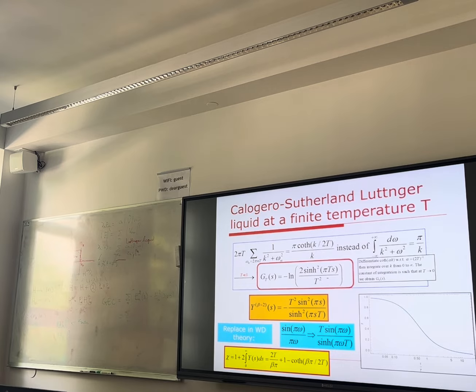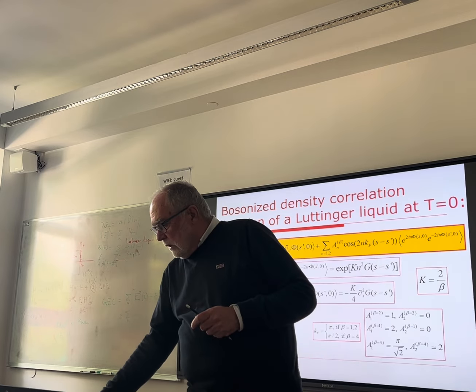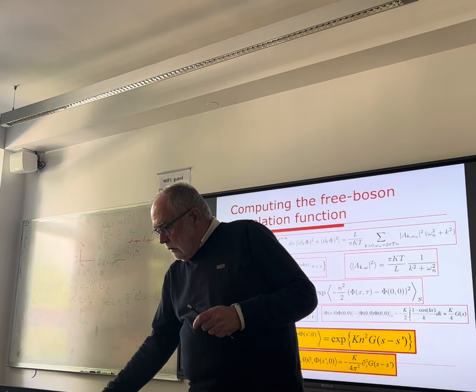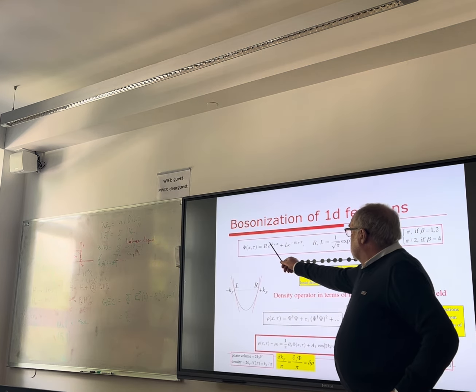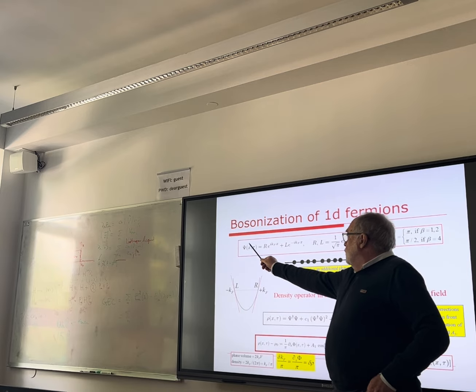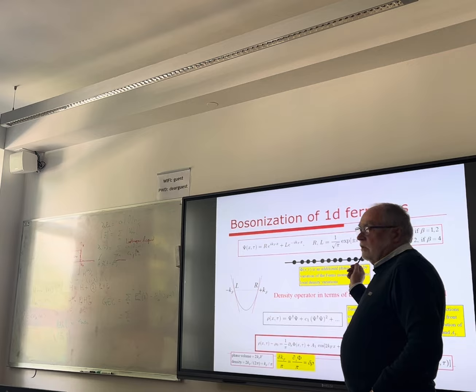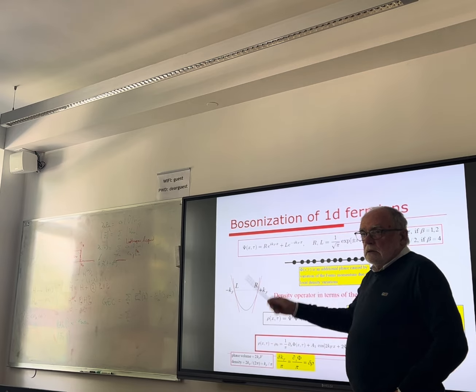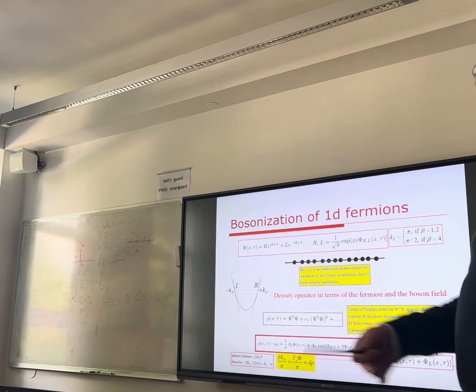So you take the fermionic system, and then you show essentially that this is how the fermionic operator is expressed in terms of the bosonic operator. This is shown in more detail, with more rigor.